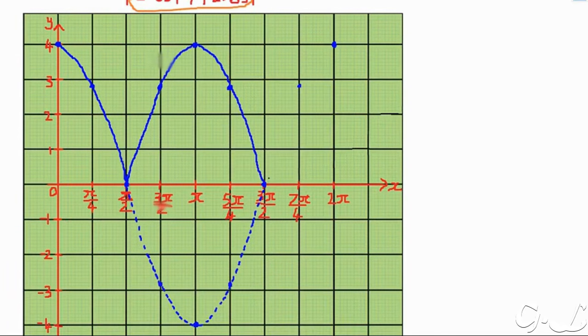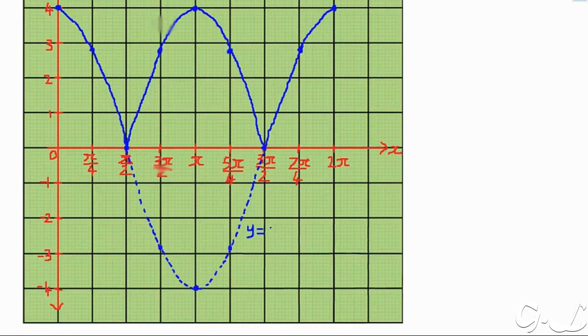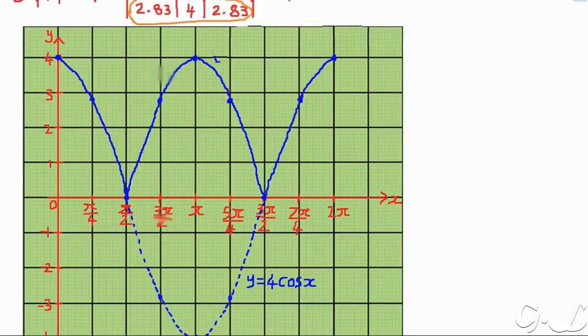And there, if it is positive, you also do the same. The one which is down is y is equal to 4 cos x, and the one which is up is y is equal to the modulus of 4 cos x. This is how you're supposed to answer such a question.